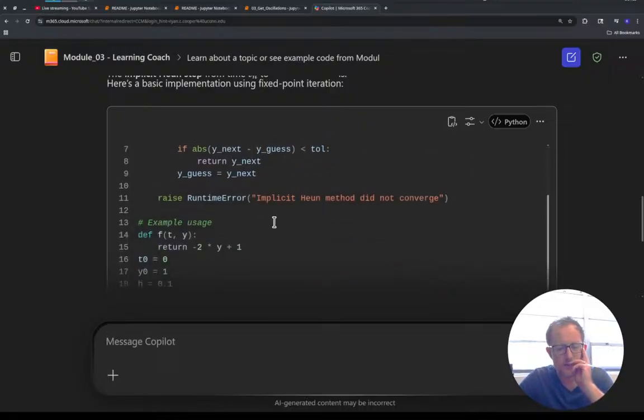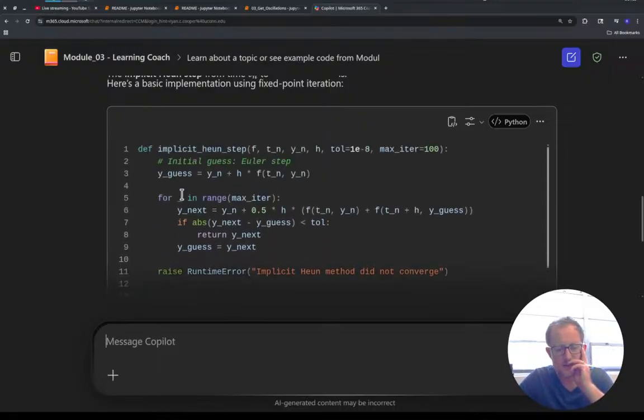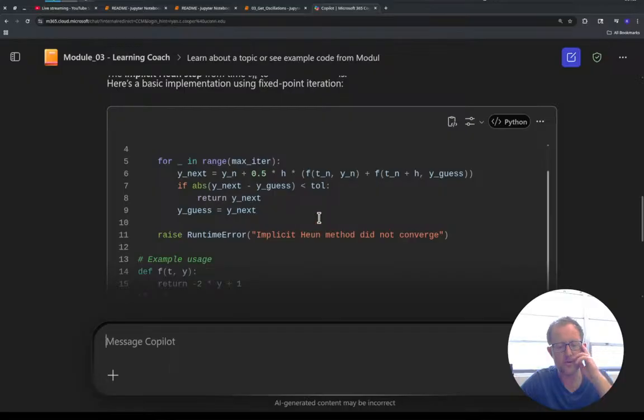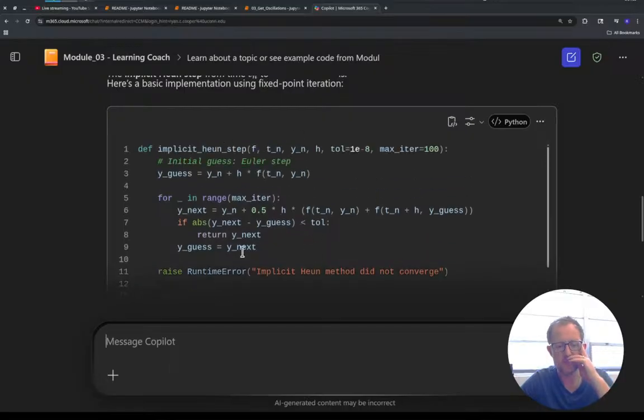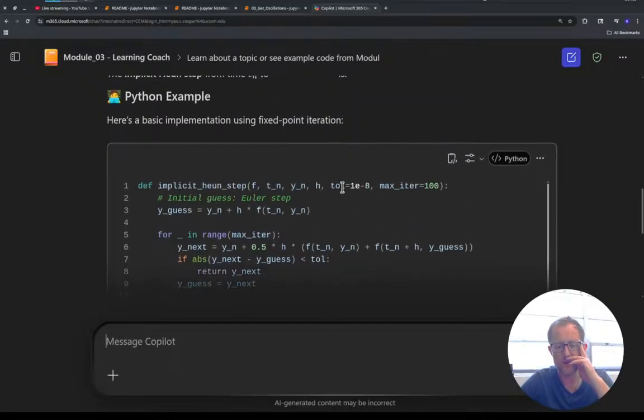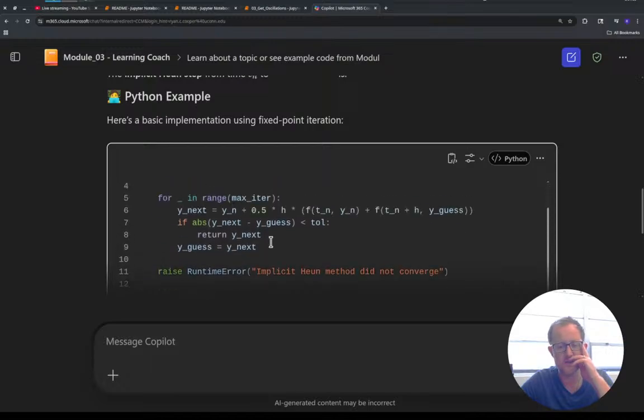So let's see if this one is also using... See, this is what I would expect for implicit methods, is that you have a tolerance and some max iterations, and you keep checking the tolerance.